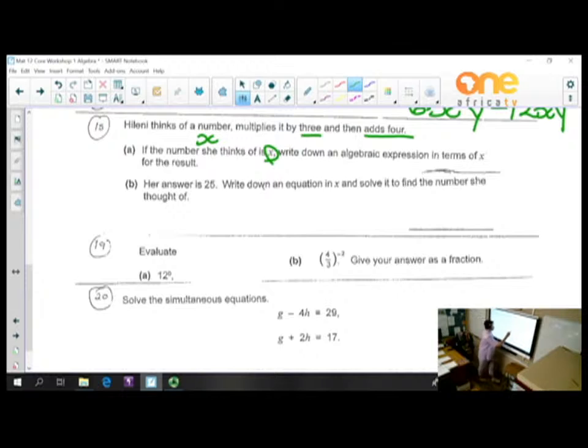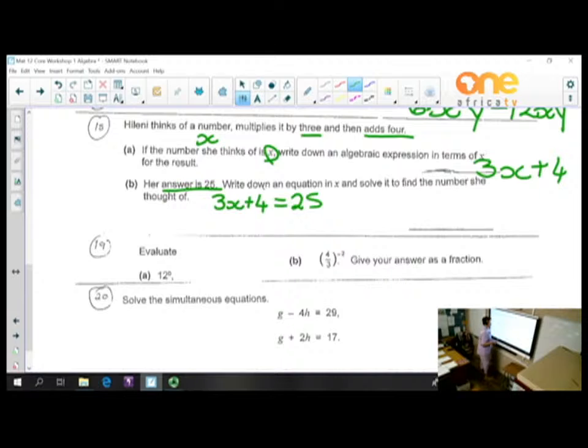If I multiply this by 3, I will have 3x, plus 4. That's all that we do there. Her answer is 25. So we can say that 3x plus 4 is equal to 25.